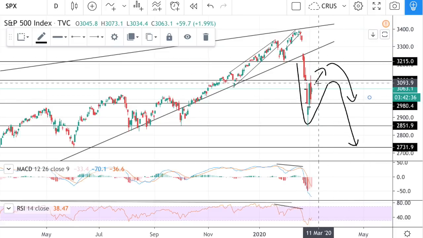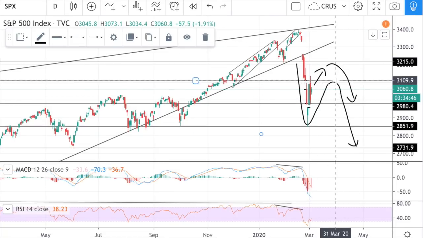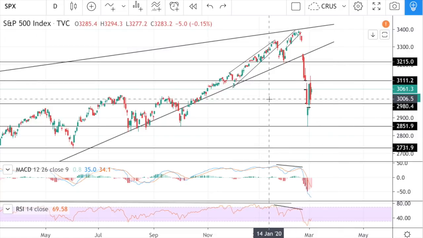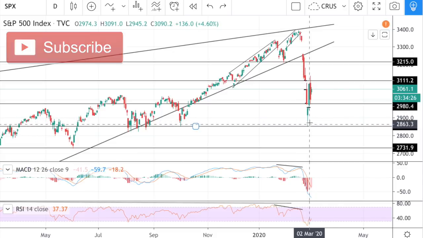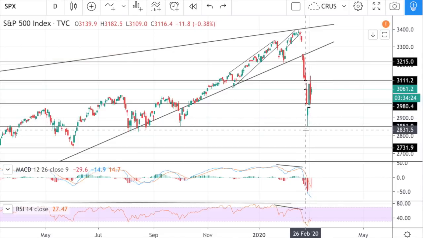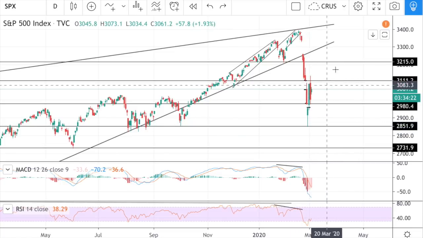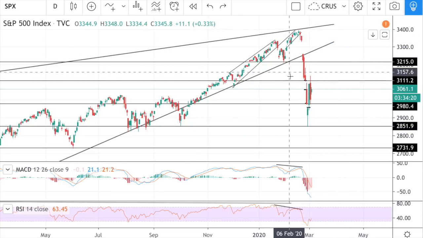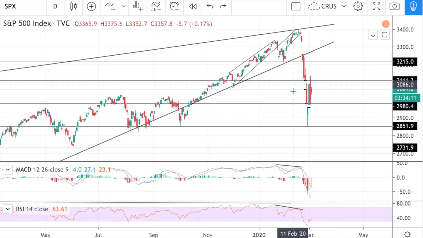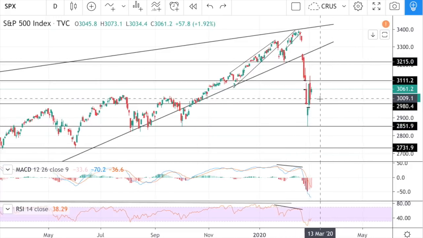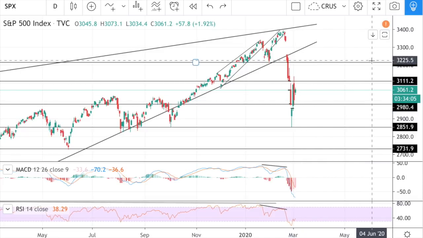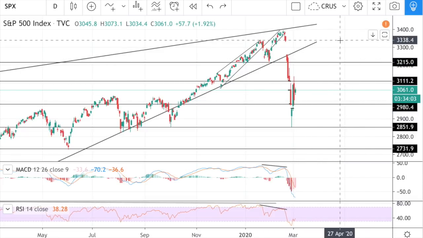Now I'm going to clear this chart and show you the second scenario, and that would be that this is a one-time sell-off, and that this is actually a potential buying opportunity, and the markets will recover, that this was just forced-selling margin call panic, and that the markets will continue their way up slowly to all-time highs.